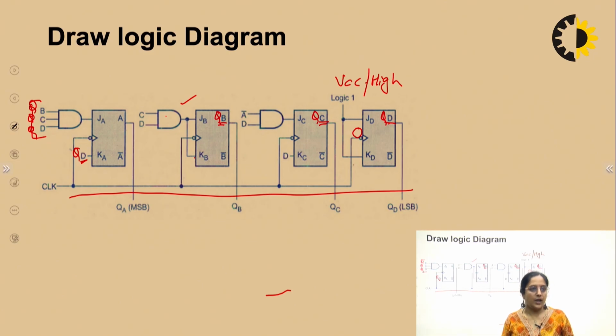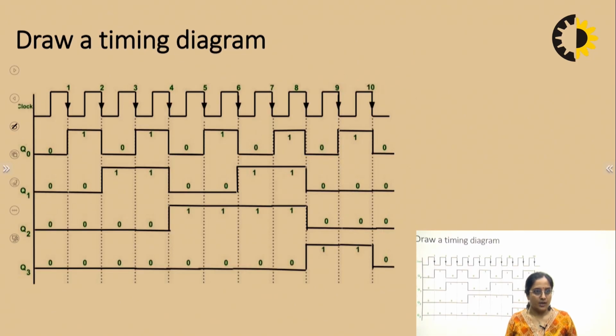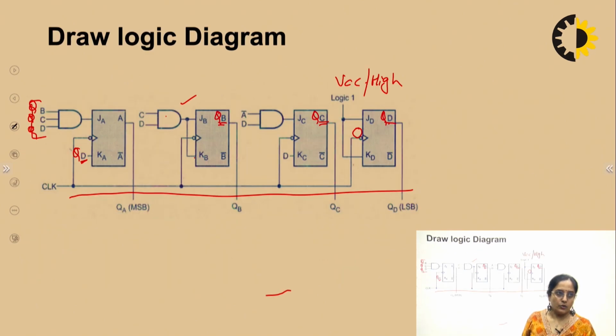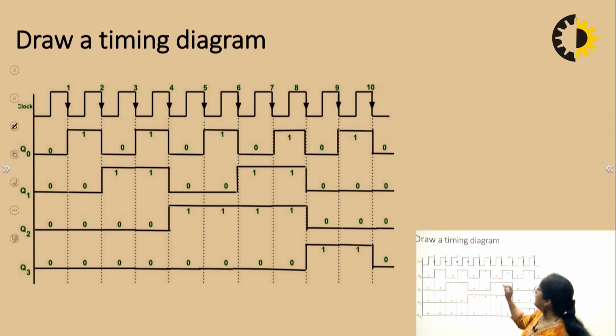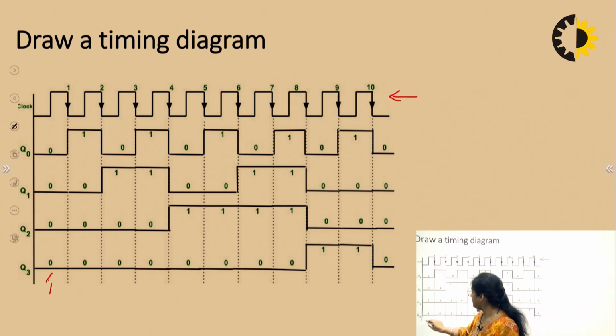Now next we have to discuss its working. As I told, all these flip-flops are synchronized in nature, so the same clock is applied to all the flip-flops. This will be the initial condition.